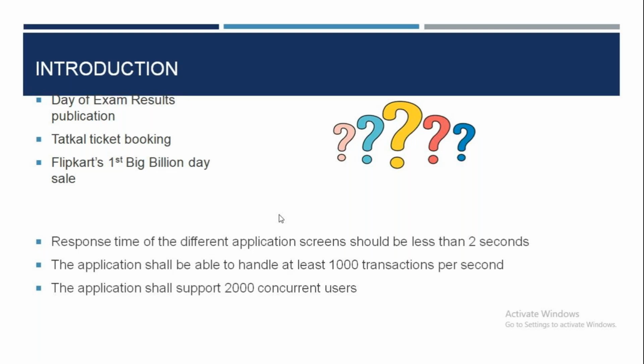What is NFR? NFR is non-functional requirement. See, functional and non-functional. Functional means the application behavior. If I want to book a flight, is booking a flight working or not? If I want to book a ticket, is booking a ticket working or not? Those are my functionality.